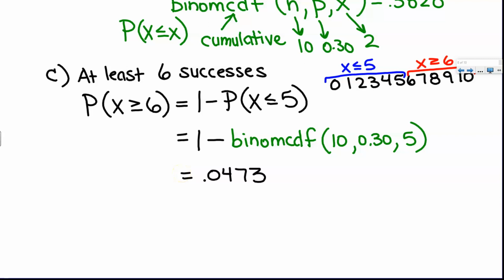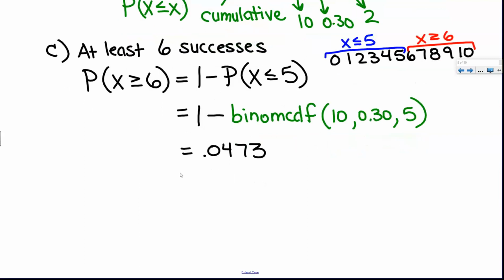So, not very likely for us to have at least 6 successes, and that's because our probability of success is 30%, right? So all your problems for the binomial should be able to be solved with the PDF, the CDF, or some combination of those along with the complement rule. That's why the complement rule is very handy here in Chapter 6, because we don't always have everything in terms of PDF or CDF, right?